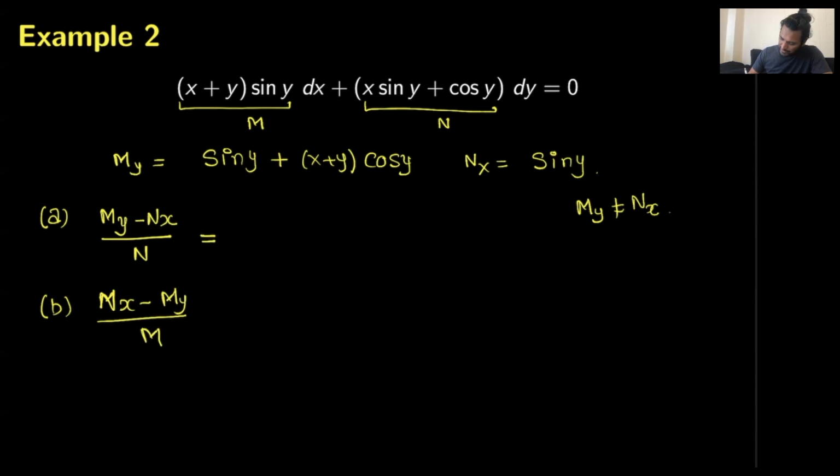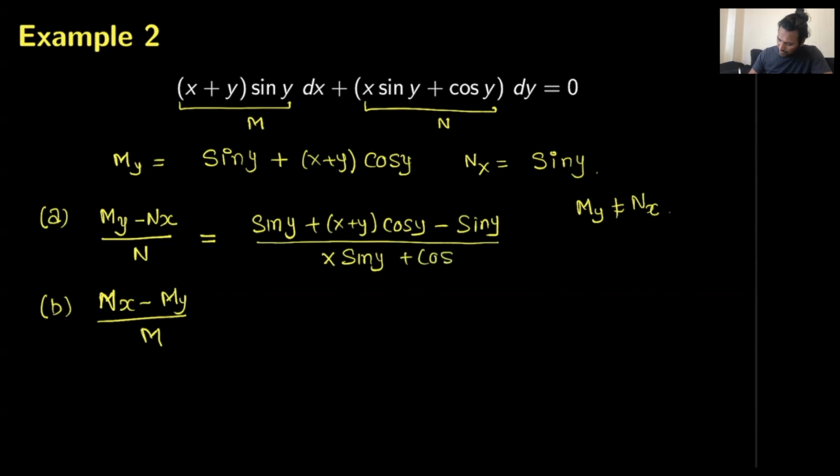So if I subtract sin y plus (x + y) cosine y minus sin y, the whole entire thing is divided by N, which is equal to x sin y plus cosine y.